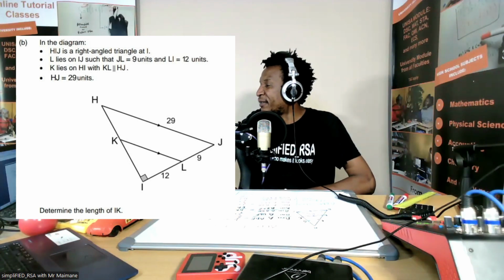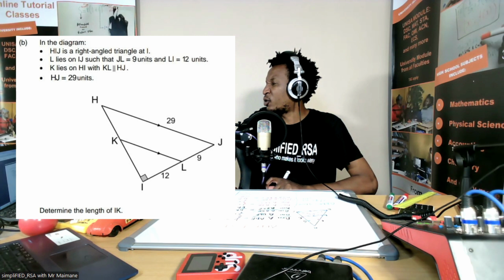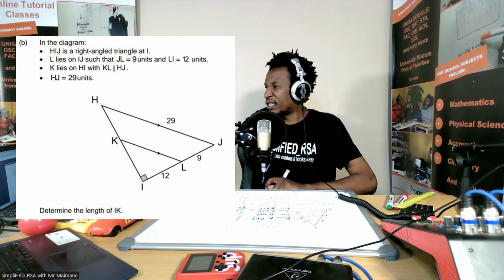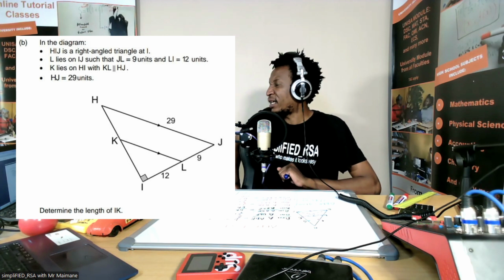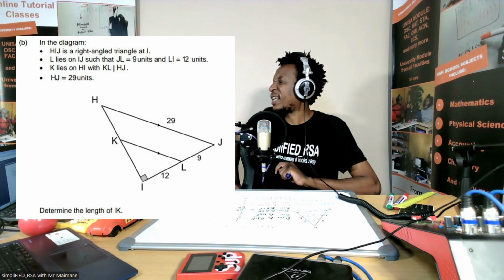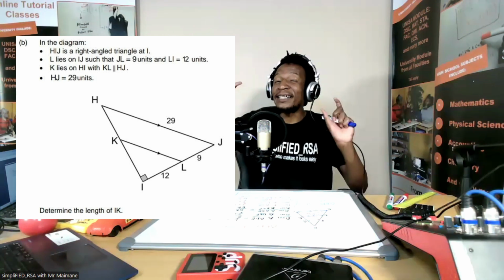And then we have L lies on IJ, such that JL is equal to 9 units and LI is equal to 12 units. And then K lies on HI, such that KL is parallel to HJ.